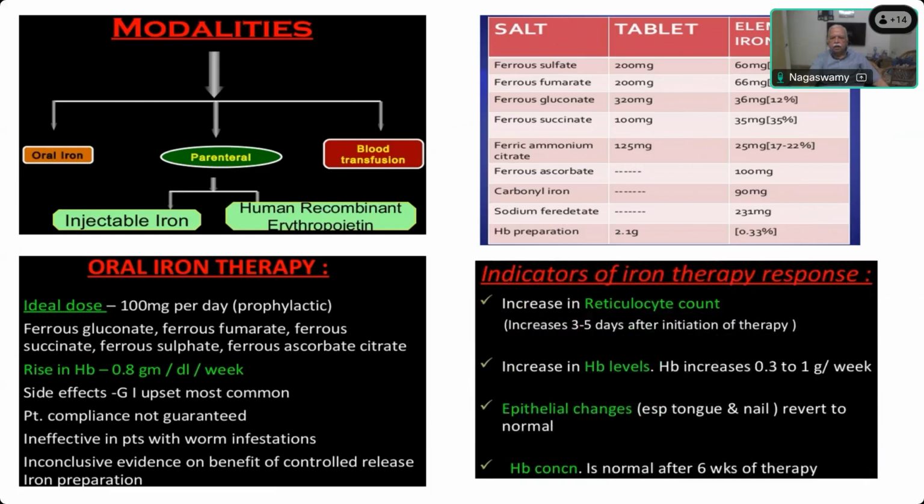And what are the indicators of iron therapy? An increase in reticulocyte count, which increases 3 to 5 days after initiation of therapy. This is the response. How you find that your patient is improving after iron therapy is an increase in Hb level, epithelial cell changes, especially the tongue and nails reverting back to normal, and hemoglobin returning to normal after 6 weeks of therapy.